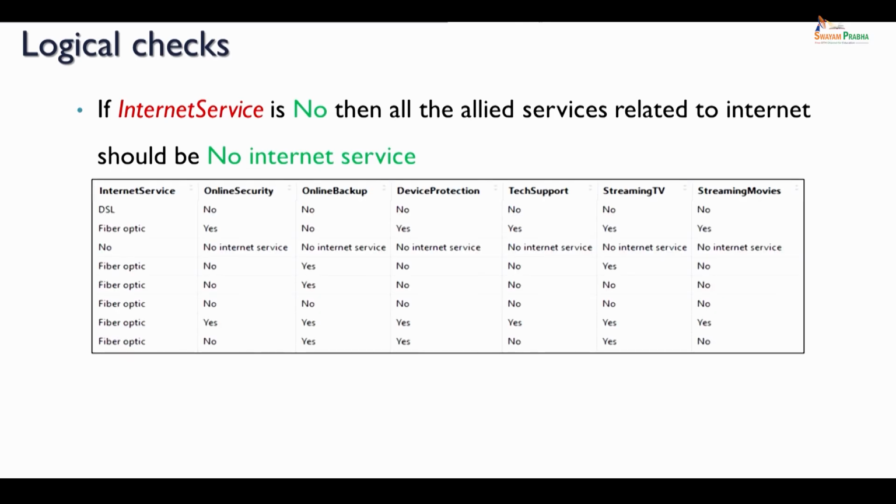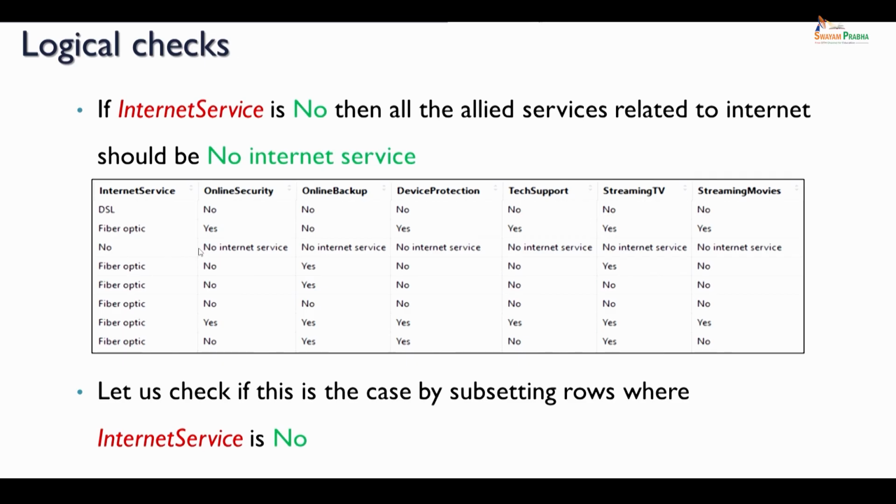This is the internet service. We have categories like DSL, fiber optic, no and all. Wherever we have no internet service, then all the allied internet services should be no internet service. Allied services in the sense online security, online backup, device protection, tech support, streaming TV and streaming movies.